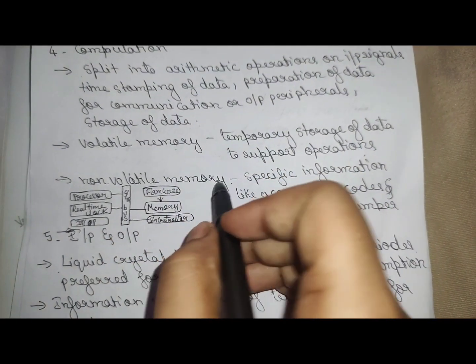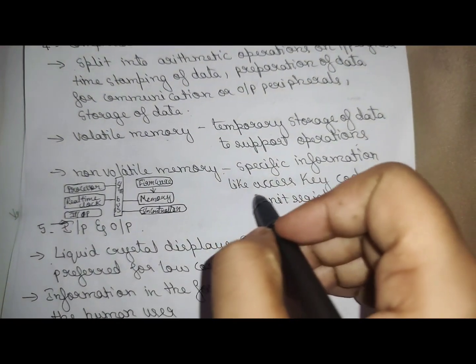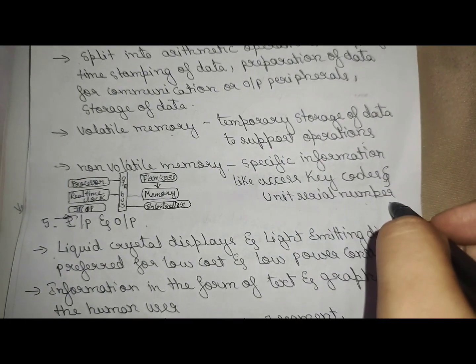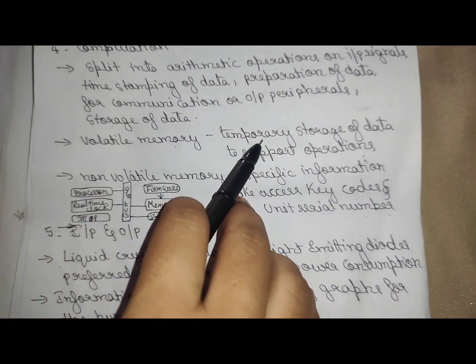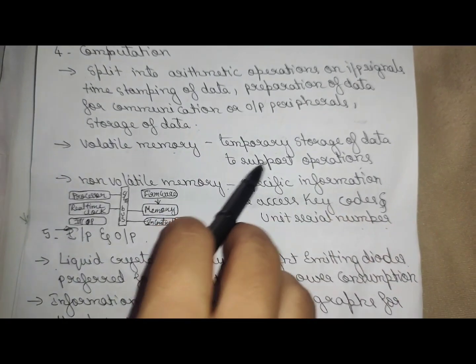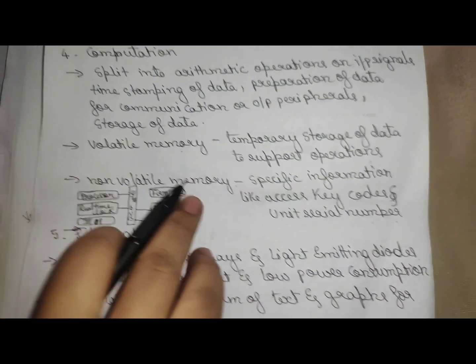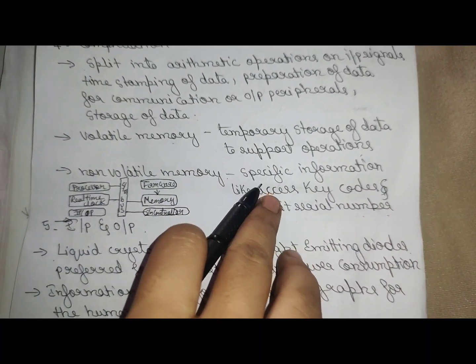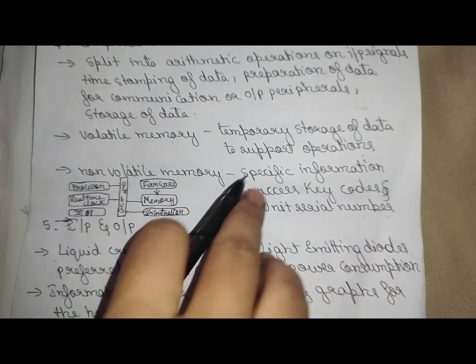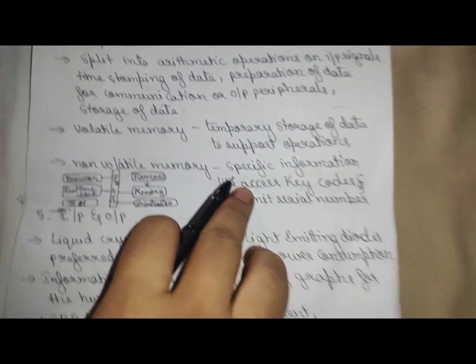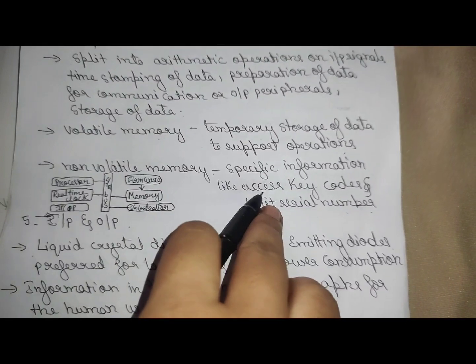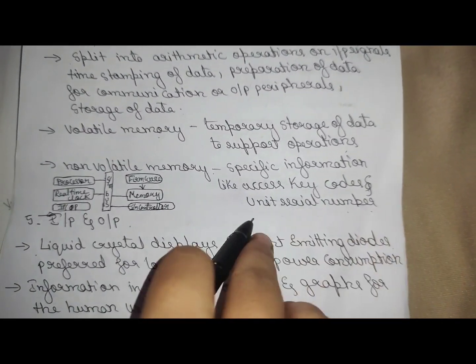Non-volatile memory holds specific information required for long years, like access key codes and unit serial number.